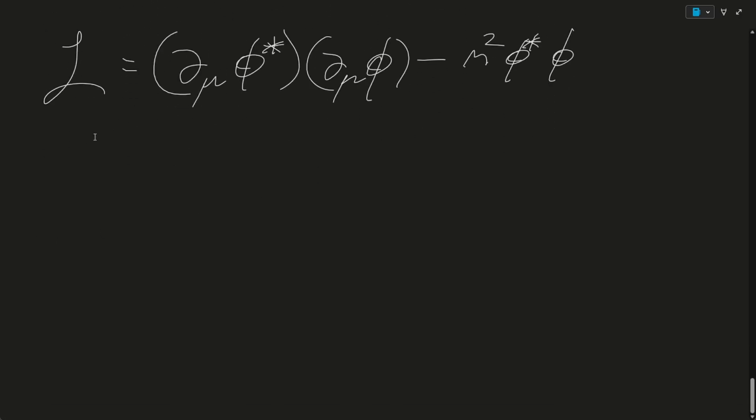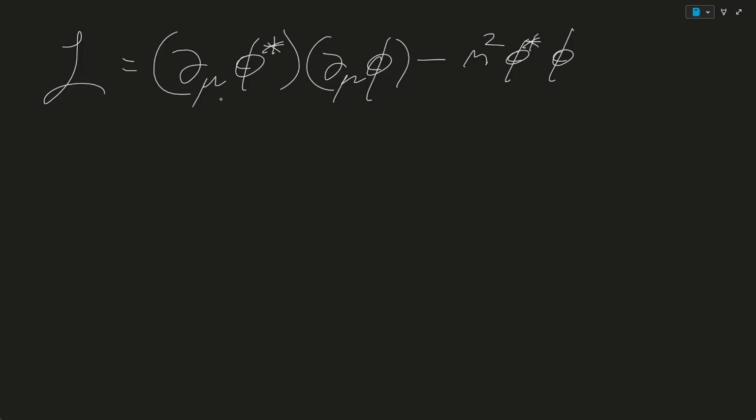Now, let's look at U1, which I would have talked about in previous videos relating to group theory. This is the unitary group 1. What we're going to do is test an internal global phase transformation inside of U1.